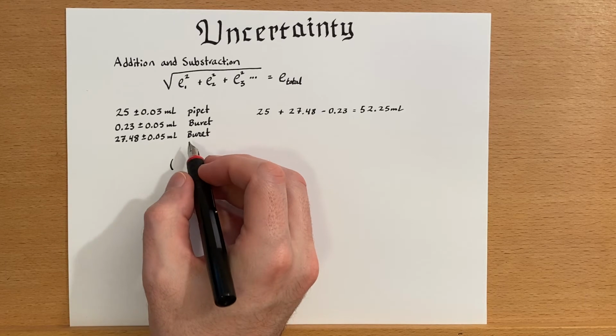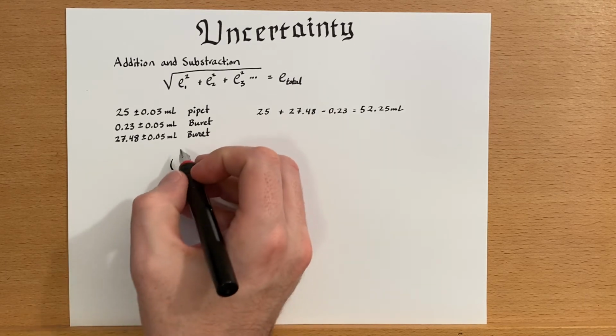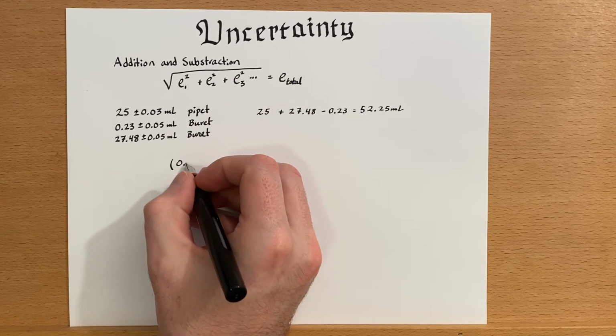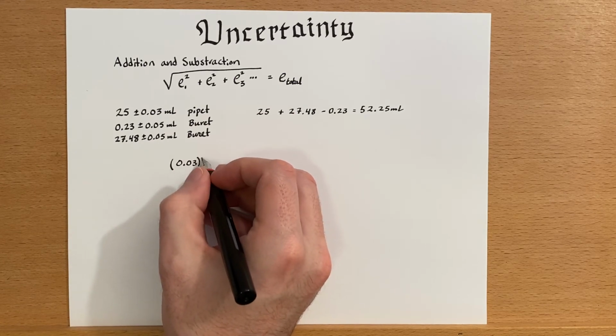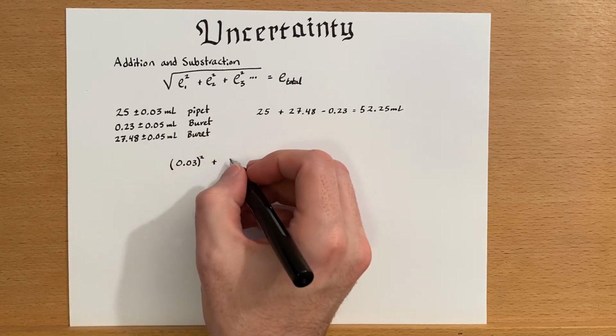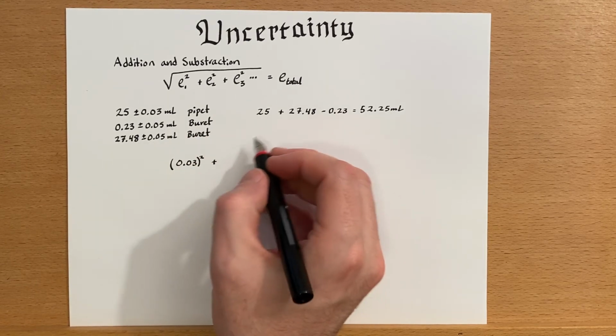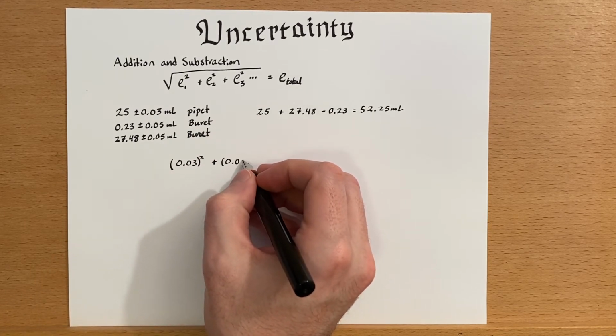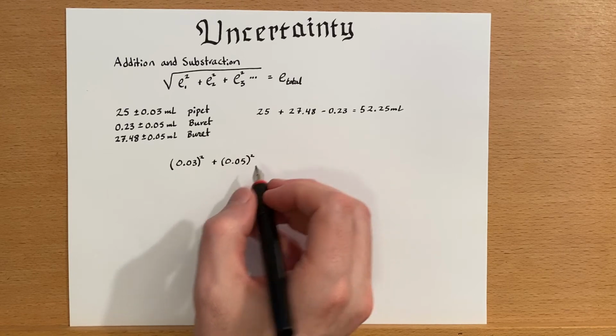So let's see here. With our first measurement, we put in our absolute uncertainty. And we're going to add the uncertainty of the burette measurement for the 27 milliliters, which is 0.05. We square that.